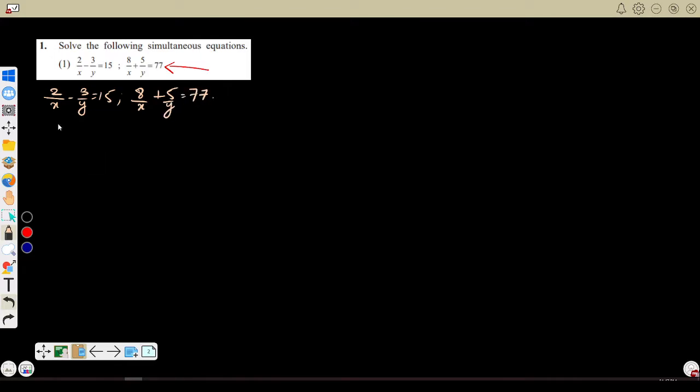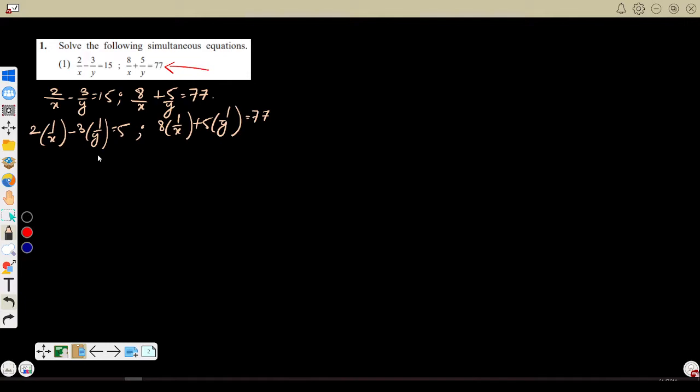Now in both the equations, I can write 2 multiplied with 1 upon x minus 3 multiplied with 1 upon y is equal to 5, and the second equation can be written as 8 multiplied with 1 upon x plus 5 multiplied with 1 upon y is equal to 77. Of course, we can write the equations in this format.